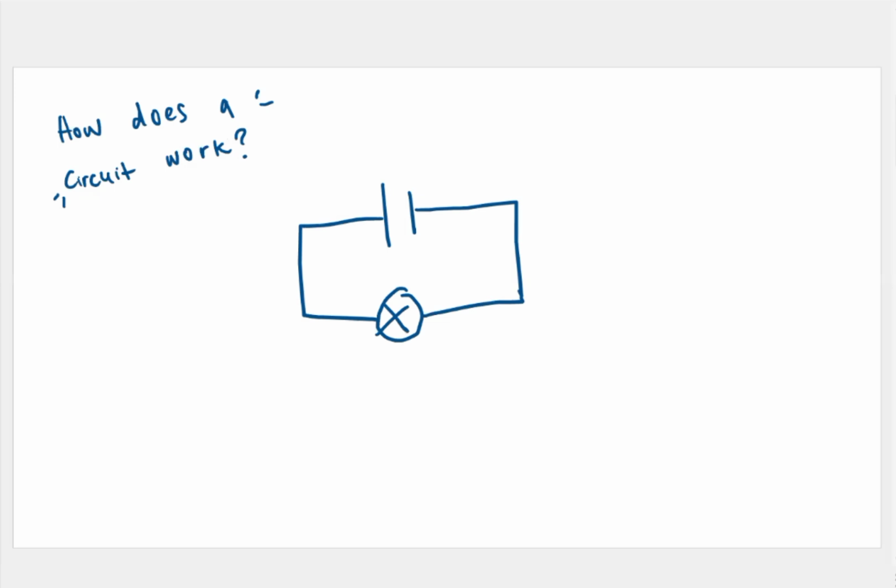The question is, how does the circuit light up the light bulb? Now, the answer to that lies within the battery. So we're going to take a closer look on that.